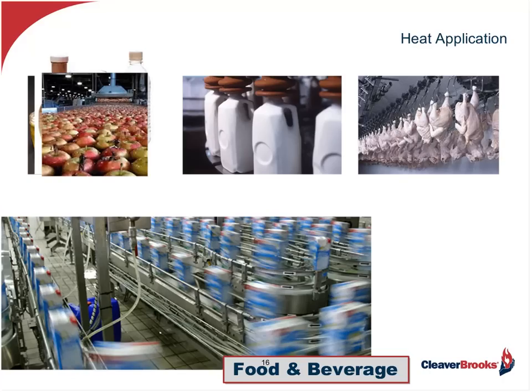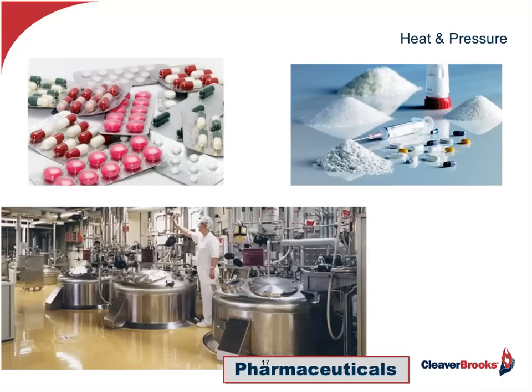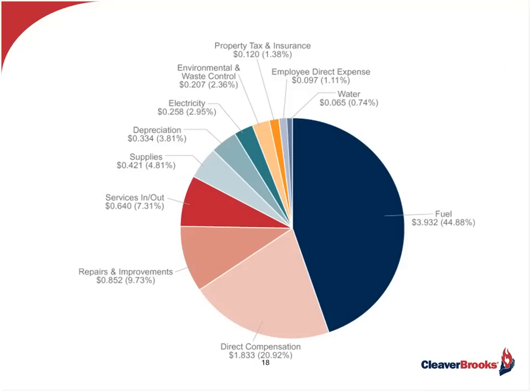So steam is in many, many applications. Pharmaceuticals would be yet another one. The thing is that we are all over the place as far as steam is concerned, touches many industries. Many of the things that you see in the room right now, that you might be sitting at a table, a chair, whatever it might be, has been touched in some way by steam. The thing is that we've got a number of manufacturers that are using this and trying to control their costs for what I said in the very beginning is a very, very competitive market that we live in today as far as this world market.